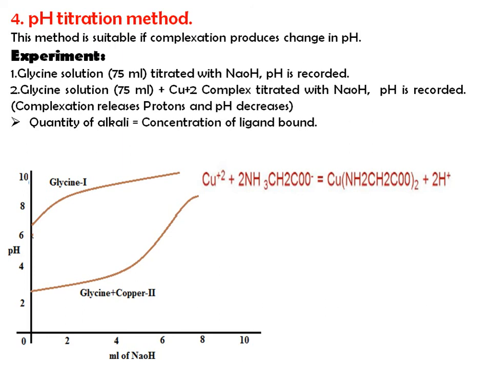Because there is a formation of complex between your copper and glycine, and after formation of complex, the quantity of alkali required to neutralize that H plus will vary as compared to glycine.